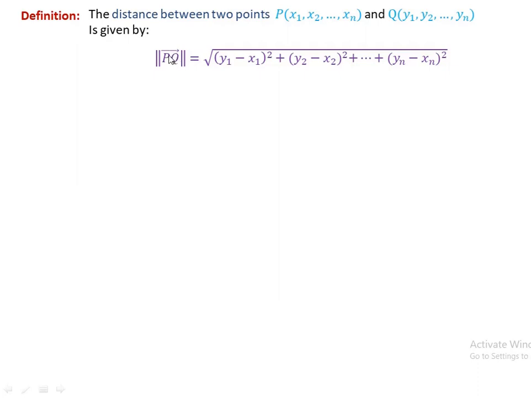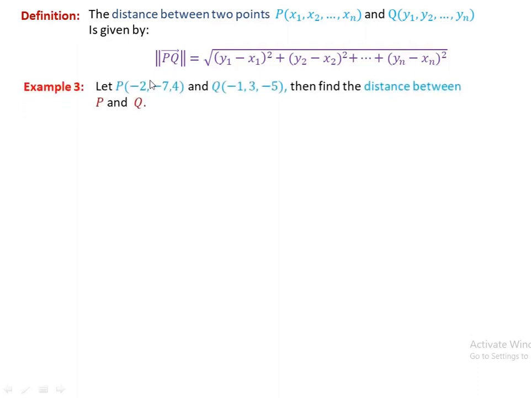From what we saw before, the directed vector p to q is q minus p. After computing q minus p, we find its norm. Therefore the distance between p and q is square root of ((y1 - x1) square + (y2 - x2) square + ... + (yn - xn) square).